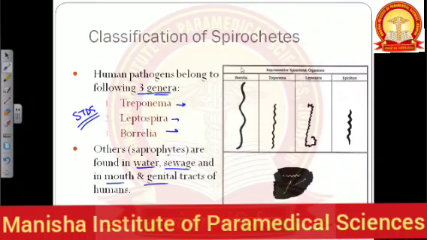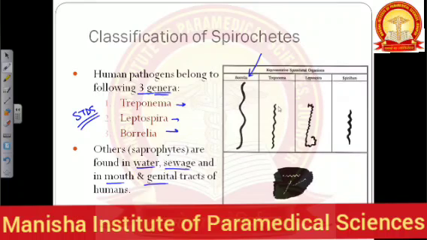Now, if we look at the morphological characteristics, what are the differences? The larger one is Borrelia, which has a very flat kind of spiral. As we go smaller, Spirillum is very short but has a very curvy nature. Leptospira has the most curvy nature of all, and it is round shaped at the end.